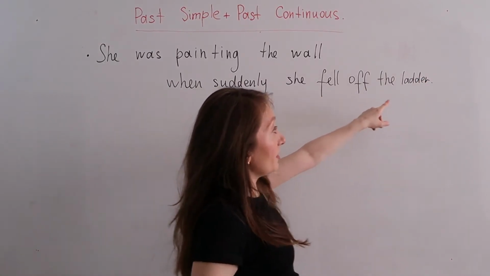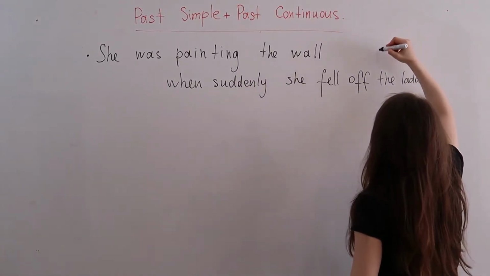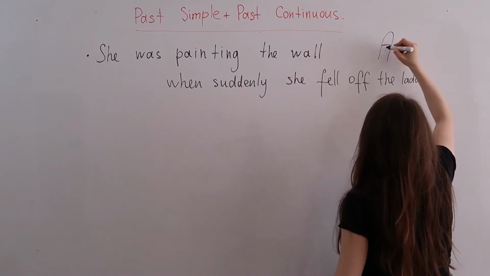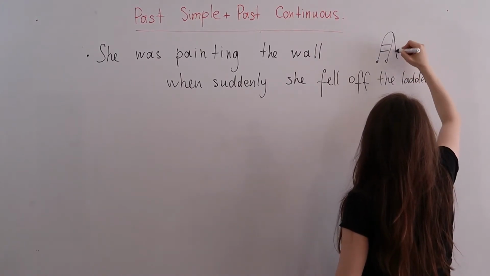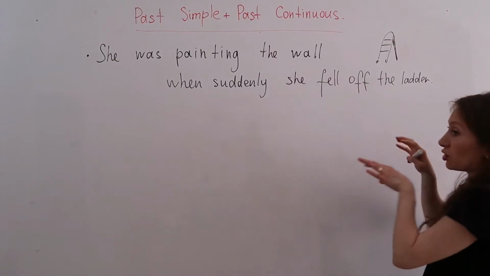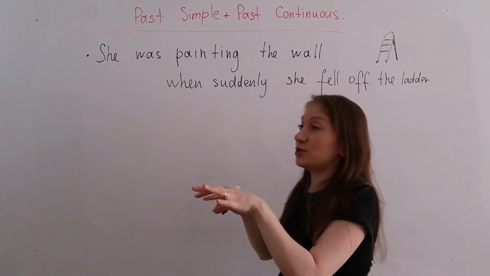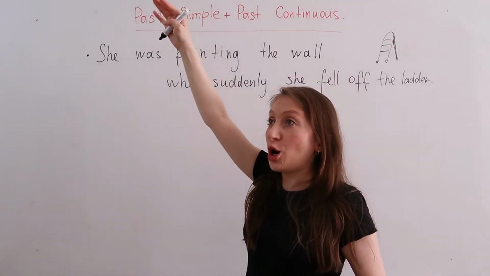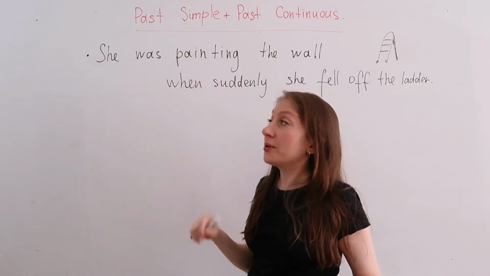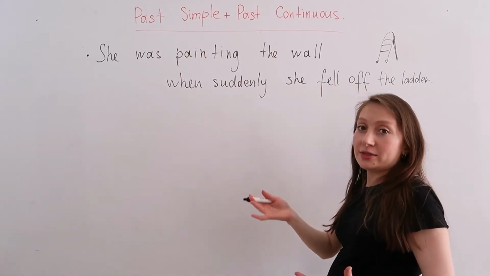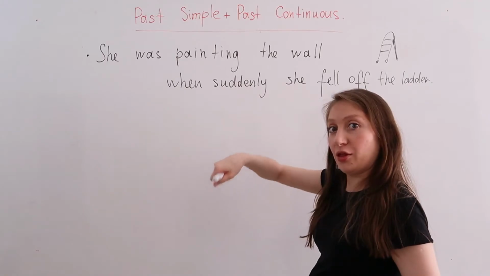So first of all, the ladder, what does it mean? It's ladder, it's the, like that. I hope you understand it, right? So you climb it because you cannot reach the upper roof or top. So paint, you know what does it mean, paint the wall.